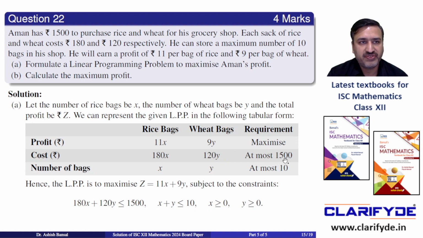Cost is at most 1500 because Aman has rupees 1500 available, and number of bags can be at most 10 because he has the storing capacity of 10 bags only. So this information can be expressed as a linear programming problem. So we have to maximize z equal to 11x plus 9y subject to these constraints.